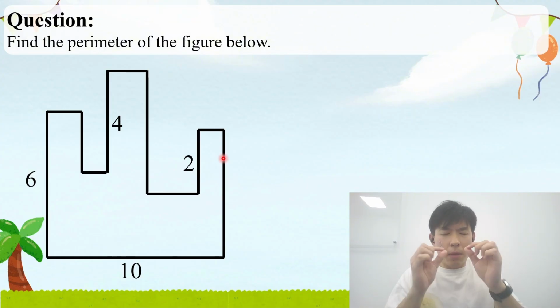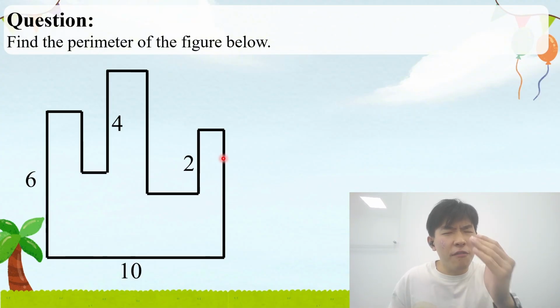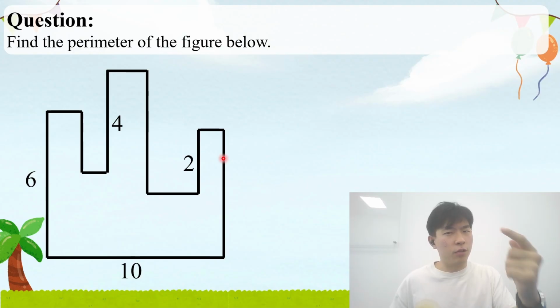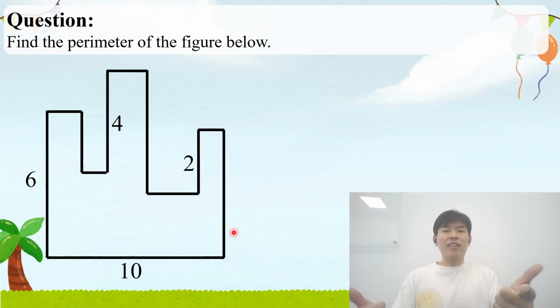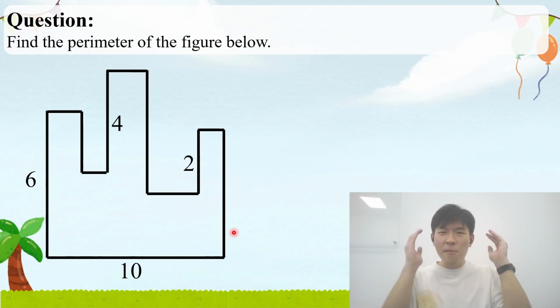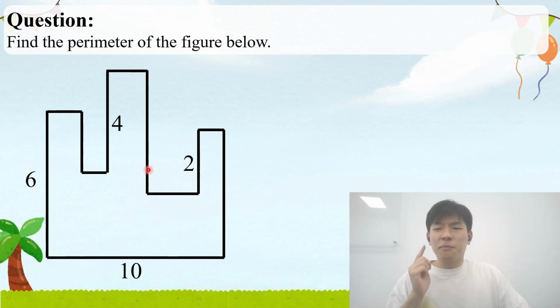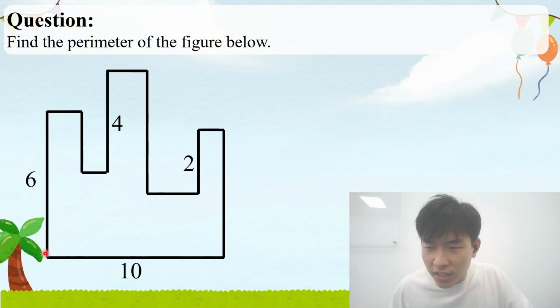Now, of course, maybe some of you who have very good basics will say that although I don't know all of these horizontal sides, they all added together must be the same length as this 10. So they are 10. Hey, you are right. Amazing. However, it still doesn't change the fact that we don't know these vertical lines.